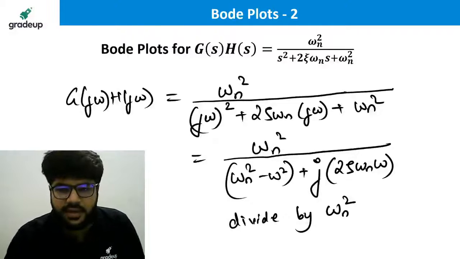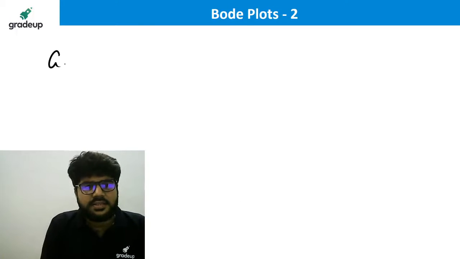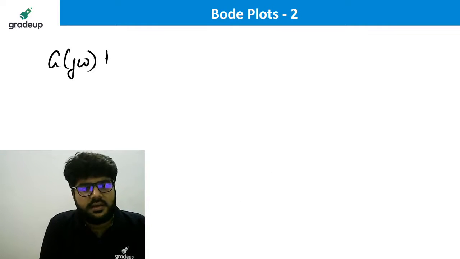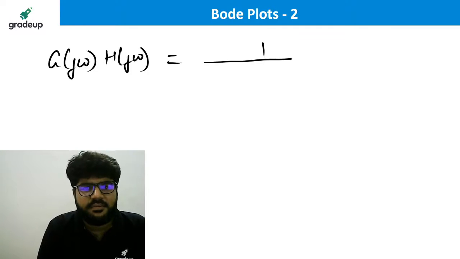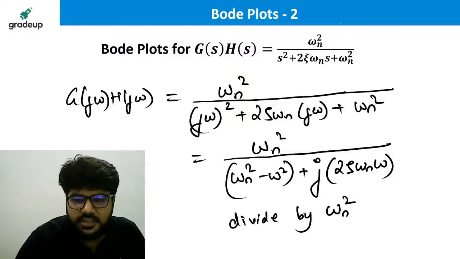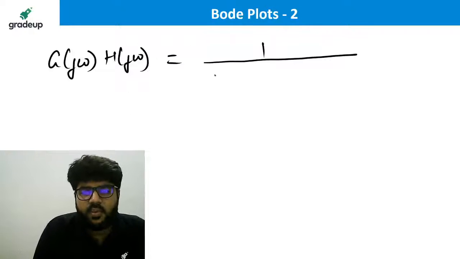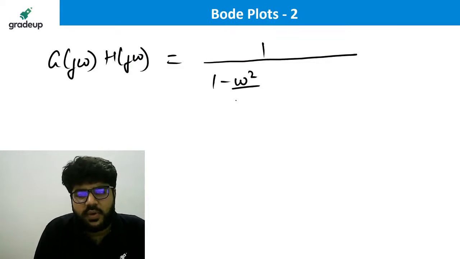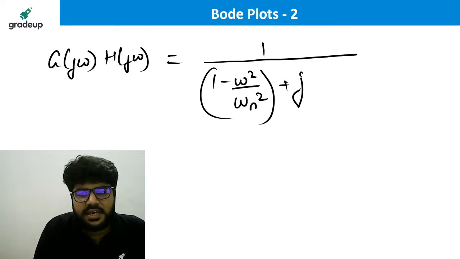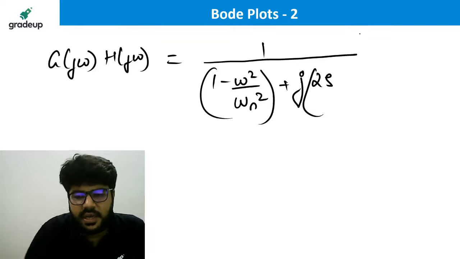So what do you get? Dividing by omega n square, you get G(j omega)H(j omega) as 1 divided by 1 minus omega square upon omega n square plus j 2 zeta.